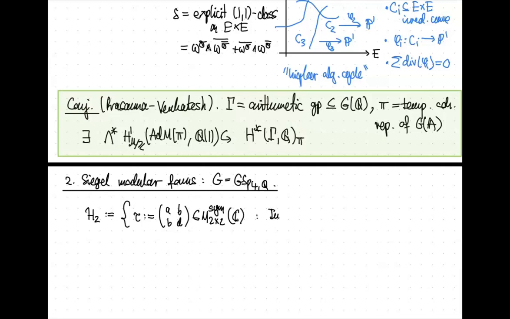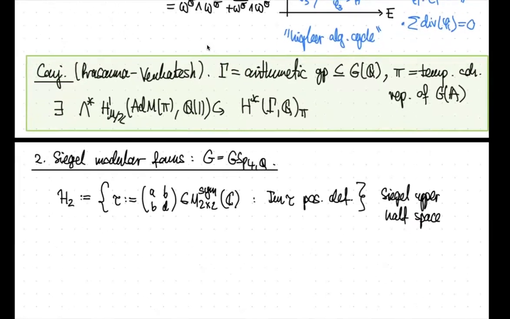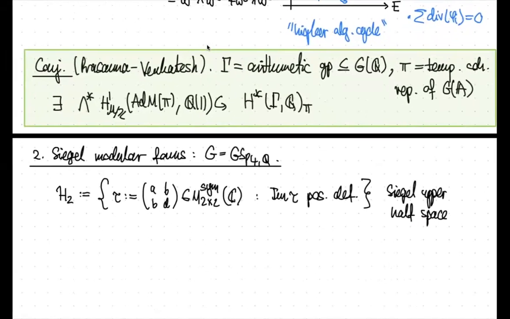And normally in the upper half plane, we assume that the imaginary part of z is positive. So the correct analog here is to assume that the imaginary part of this matrix is positive definite. This is called the Siegel upper half space. It has complex dimension 3, if you're keeping track.